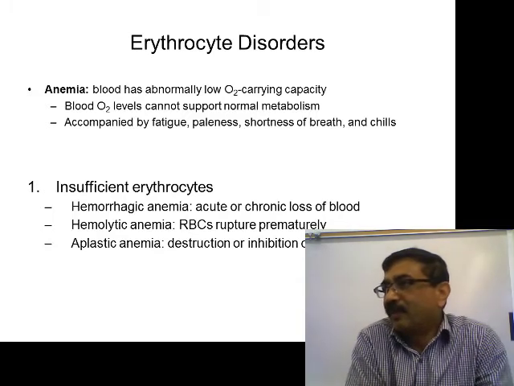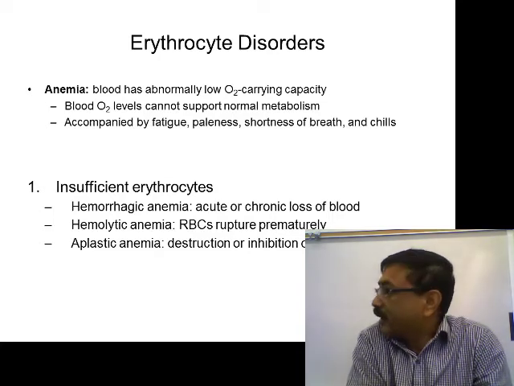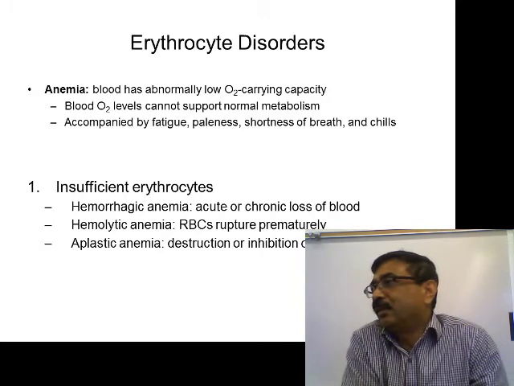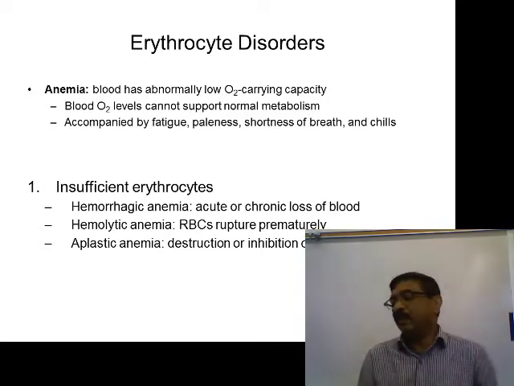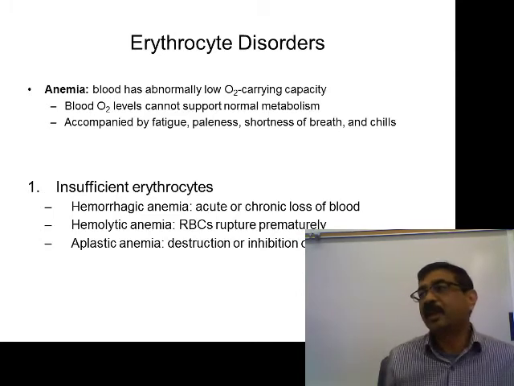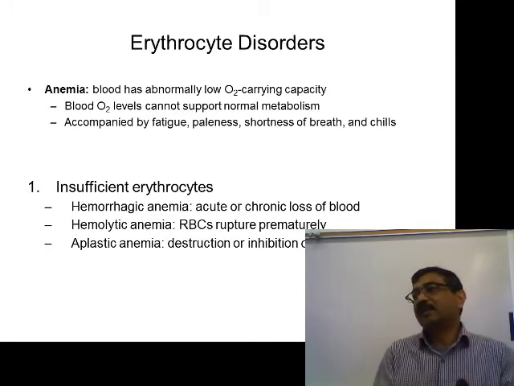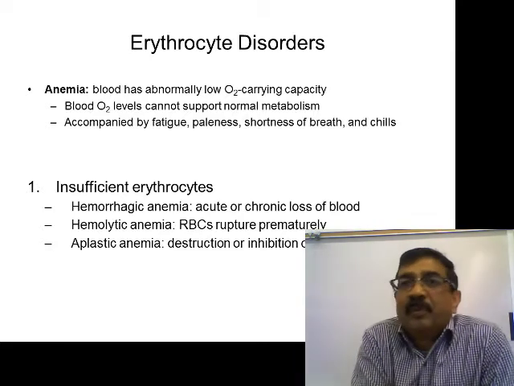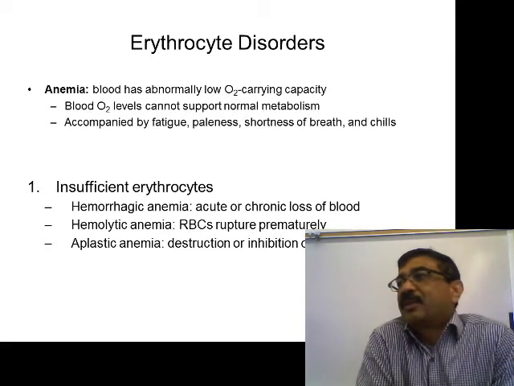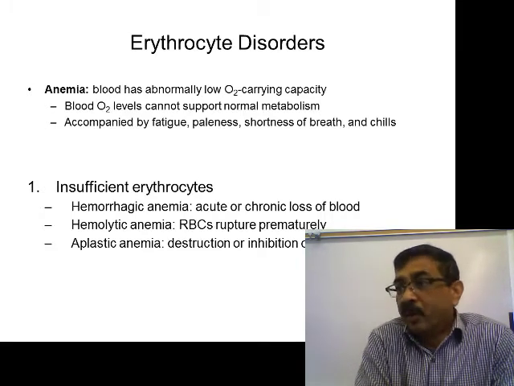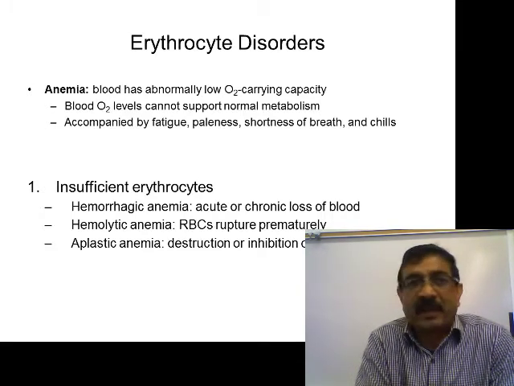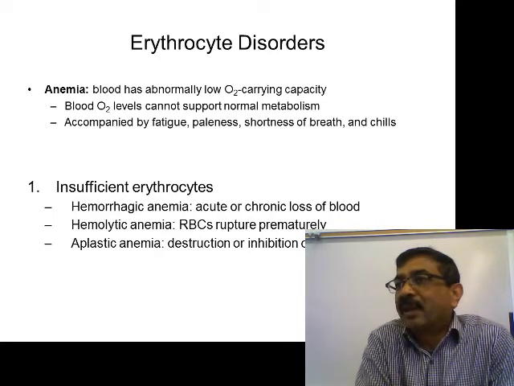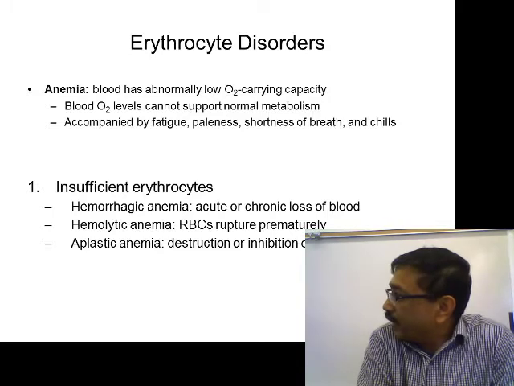and will cause some symptoms of anemia. So what are the symptoms of anemia? The patient will feel extreme tiredness, fatigue, paleness. When oxygen binds with hemoglobin, we know that hemoglobin gives bright red color, right? But if less oxygen binds with hemoglobin, then the color will be pale, not bright red.